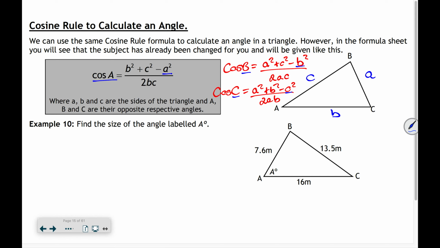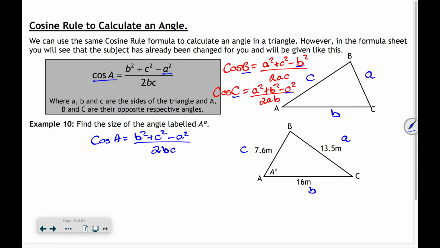Okay? So, example 10. I want to find the size of the angle that's labelled A. So let's go ahead and straight away label our sides. So this will be side A, this will be side B, and this will be side C. And always start with the formula that you're given. So the formula is cos A is equal to b squared plus c squared minus a squared all over 2bc.